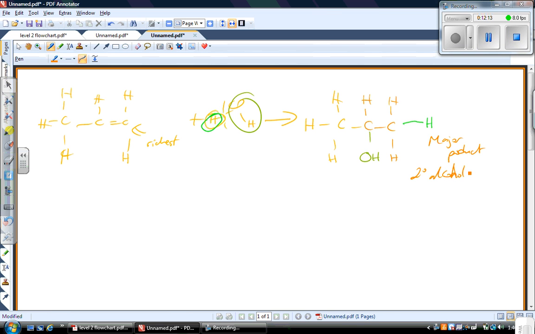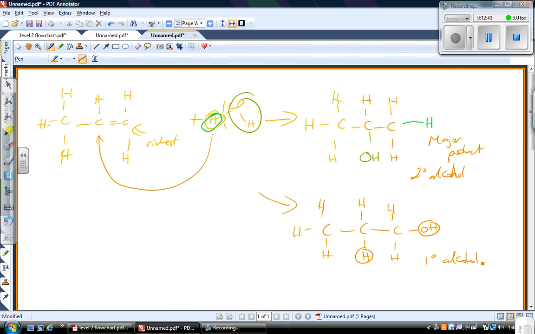Now with any asymmetric addition reaction, you can get major and minor product. So we draw the minor product in, and the minor product simply involves this hydrogen being added to the carbon which was poor instead, in which case you have this situation. Your hydrogen will be here, the additional hydrogen will be there, and your OH group will be here instead, in which case you're forming a primary alcohol.